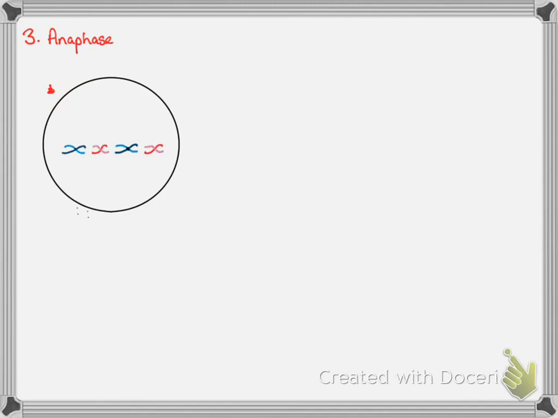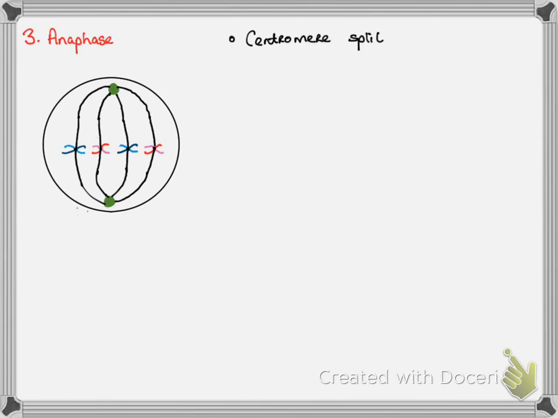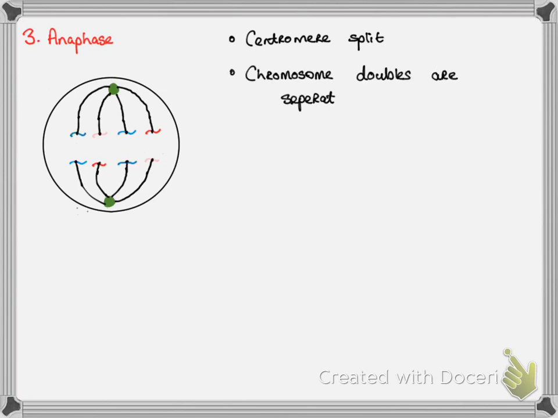And the next stage is anaphase. So here, the centromere splits, okay? And the chromosome doubles are separated. So the original and their copies are separated and are dragged to the centrioles.